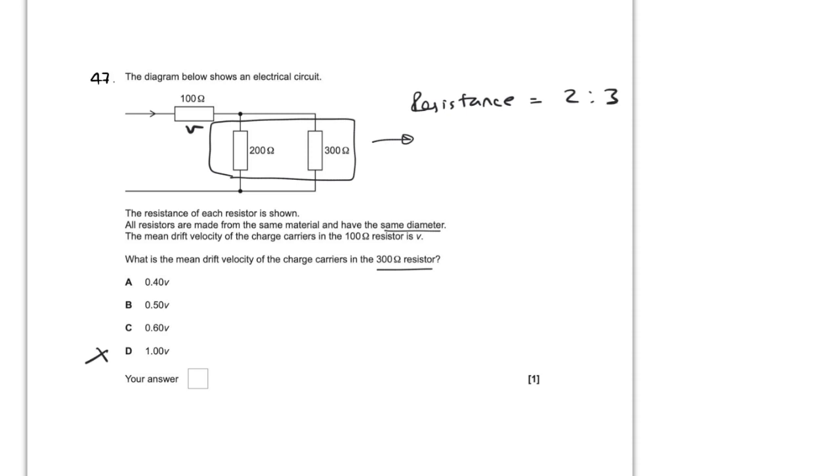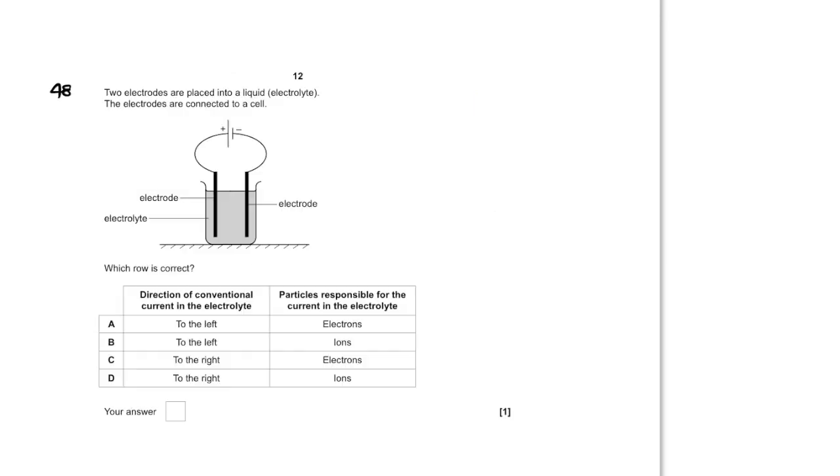Current is inversely proportional to resistance as voltage is constant, so the current is 1 over 2 to 1 over 3, which can be rearranged as 3 to 2. That means the current in the 300 ohm resistor is 2/5 of what's in the 100 ohm resistor, which gives me an answer of A, 0.4 V.